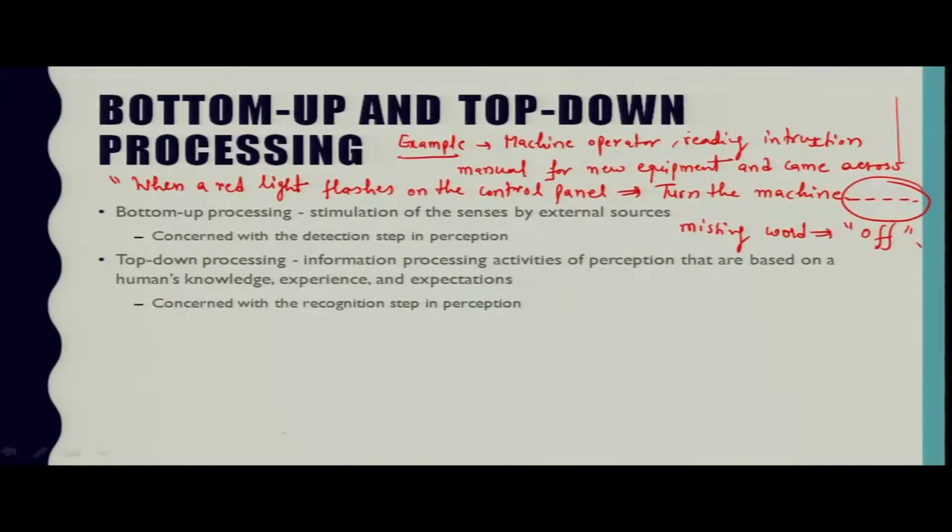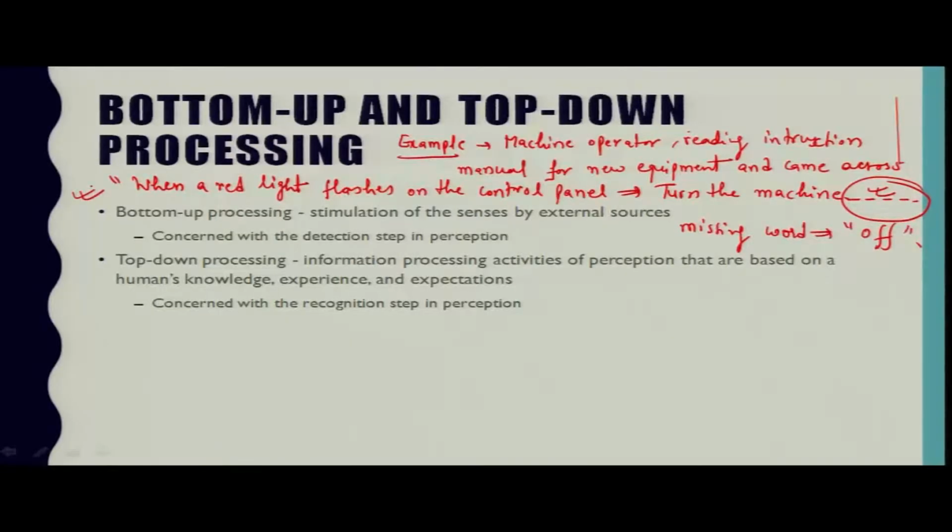So the operator is able to make up for the deficiency in the actual stimulus, that is the missing word, through his knowledge and experiences with tackling previous machines and their related manuals. This is a very good example, I think, to have a much clearer idea of detection and recognition.